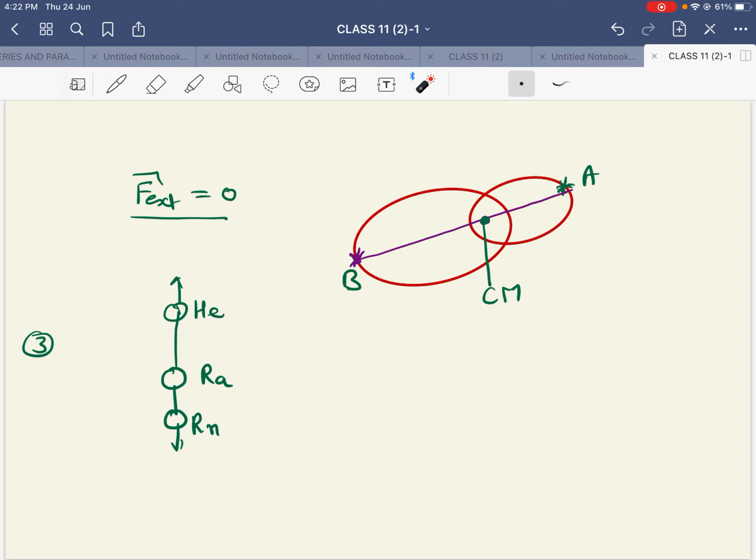In the second situation, if radium is moving with uniform speed, then it again decays into two particles. One, the helium alpha particle, moves along this direction, and the second, Rn, along this direction, but the center of mass will move with constant velocity along this direction because there is no external force acting on the system.